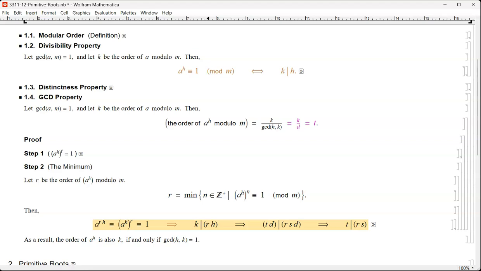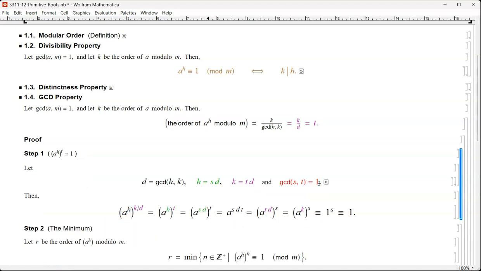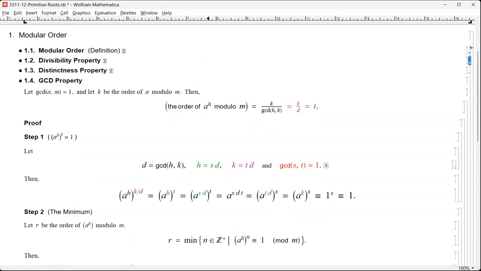Now, K divides RH because of this divisibility property, and H here can be re-expressed as S times D, and K is T times D. Remember the construction?